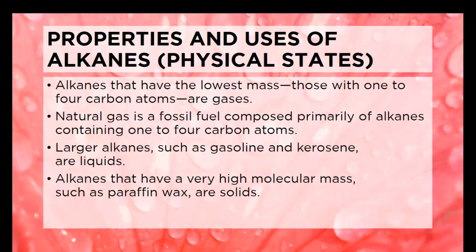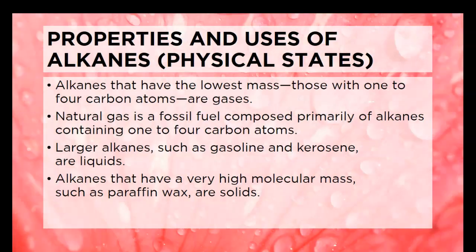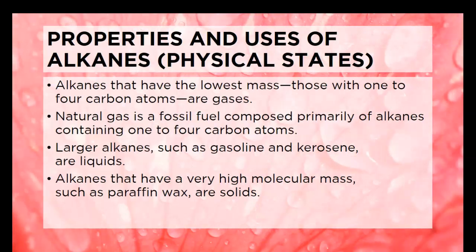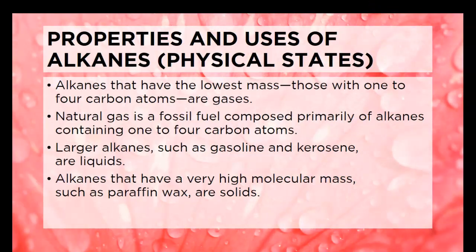Things like gasoline and kerosene are much more mixtures of some of those. Natural gas is primarily composed of alkanes with 1 to 4 carbon atoms. Then the larger ones like gasoline and kerosene are typically liquids.